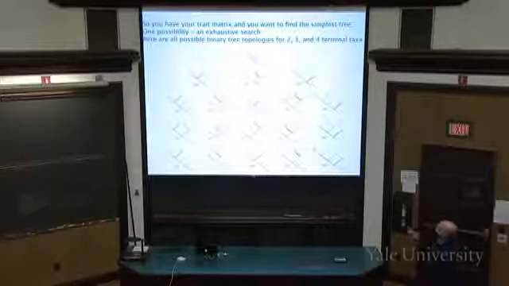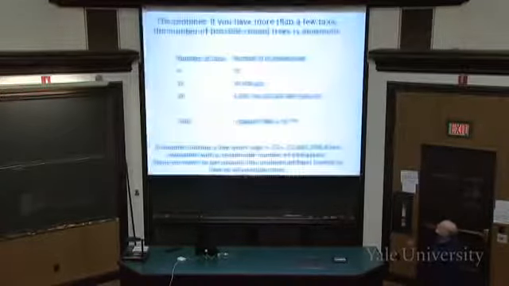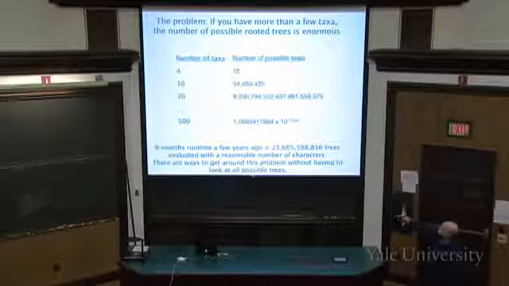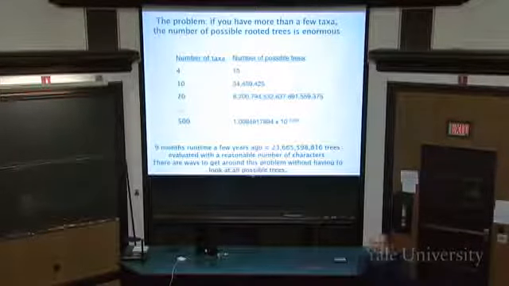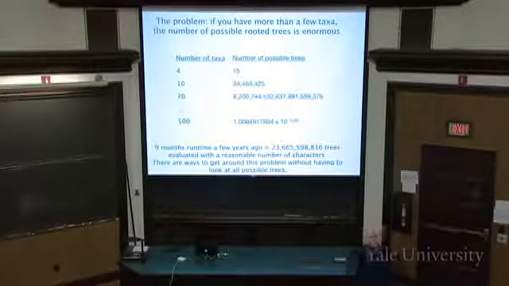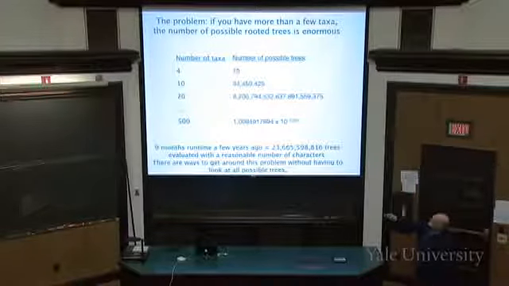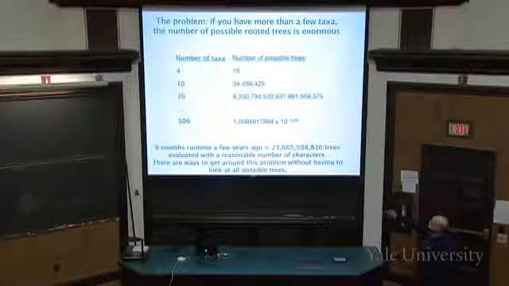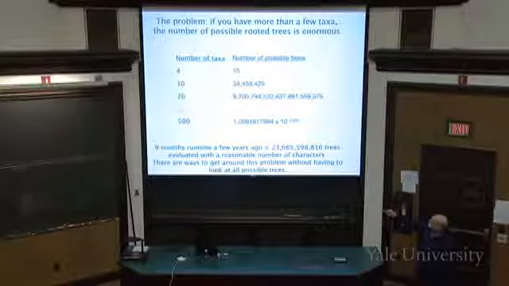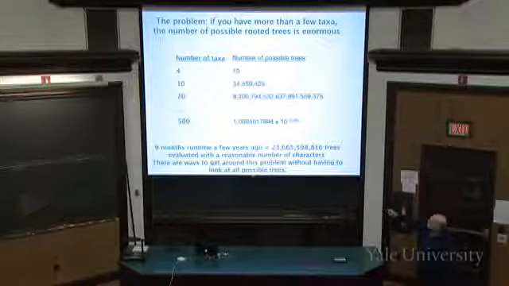If we have four terminal taxa, oh my goodness, suddenly we have this many. Oh, that's confusing. If we have 500 terminal taxa, we have 1 times 10 to the 1280 possibilities. This is a combinatorial explosion of possibilities, and about, say, 2003, 2004, it took 9 months of runtime on a supercomputer to sort out all of the possible trees for a reasonable number of characters for something like this.